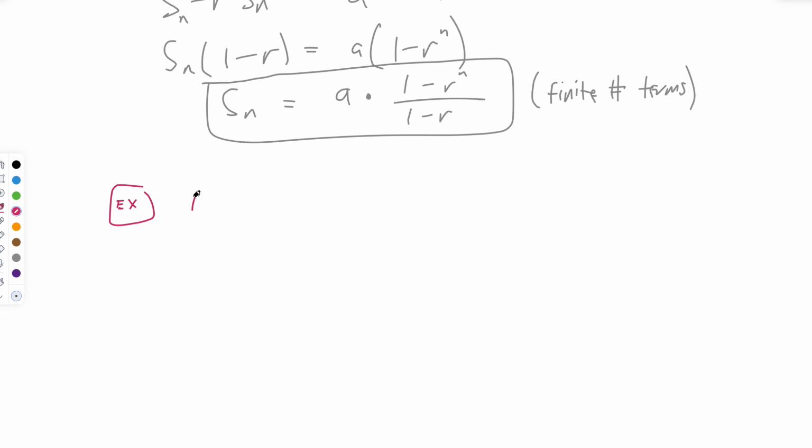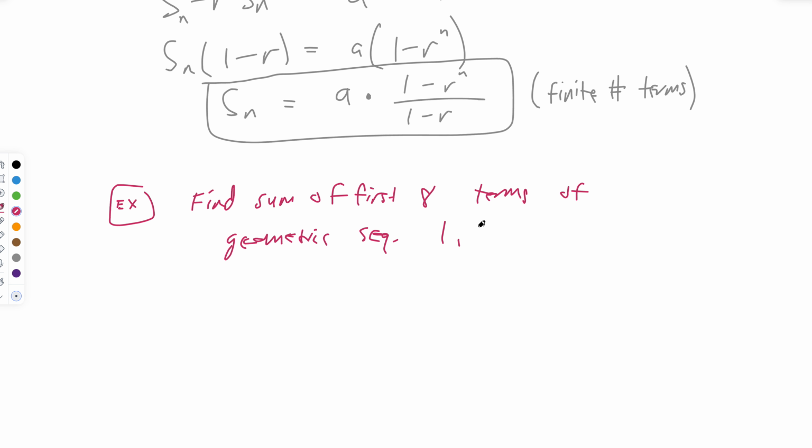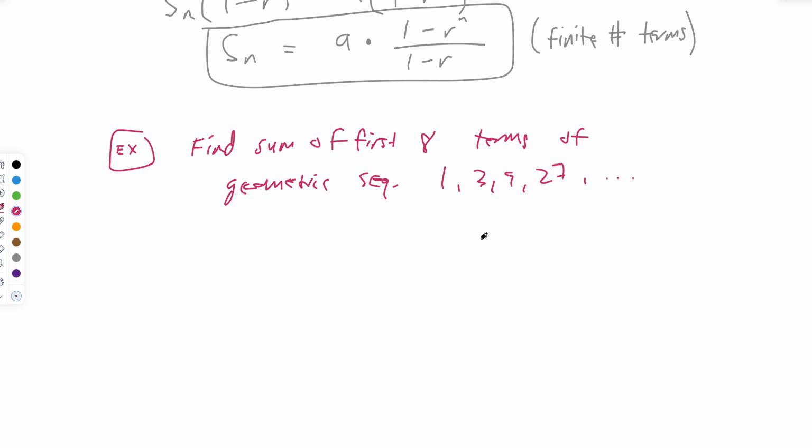Let's say I want to find the sum of the first 8 terms of the geometric sequence. Here you're told it, but we probably could have figured it out: 1, 3, 9, 27, dot, dot. So you want to find the sum of the first 8 terms of this geometric sequence.